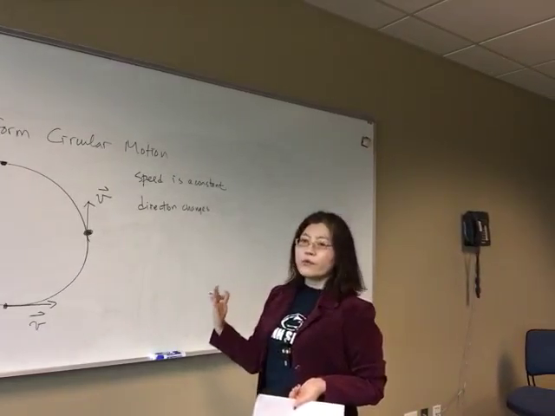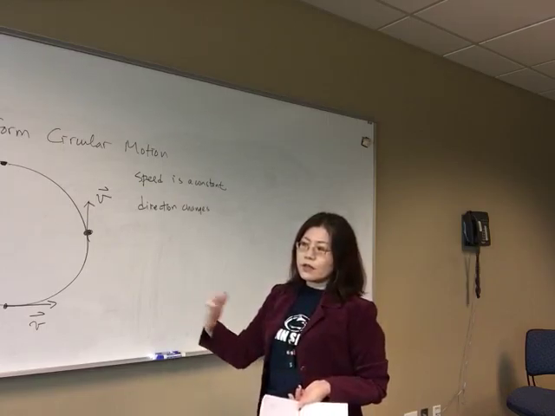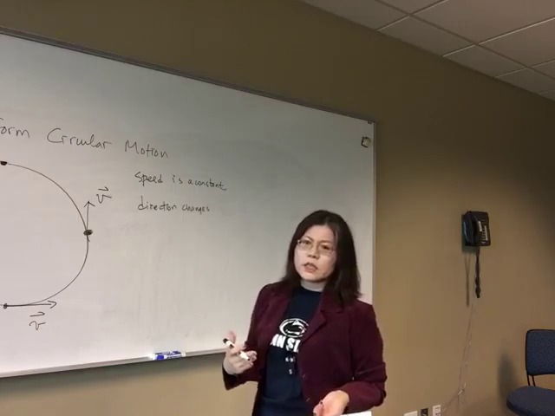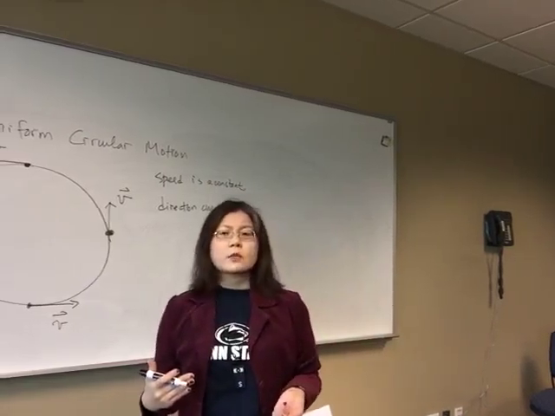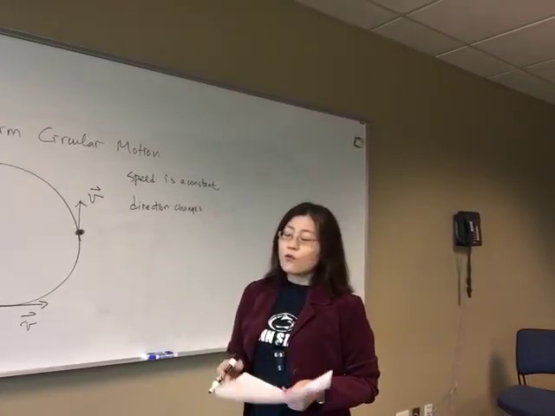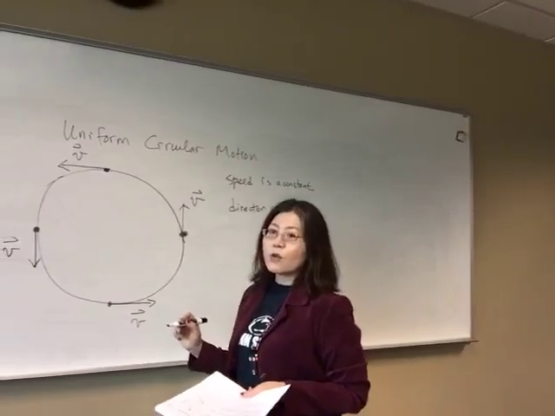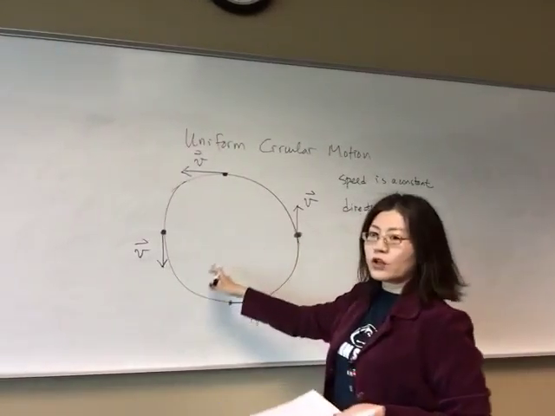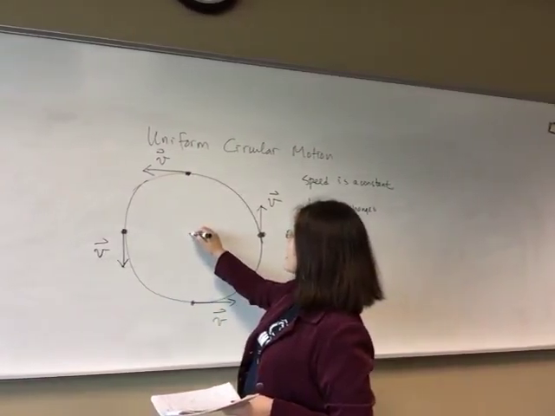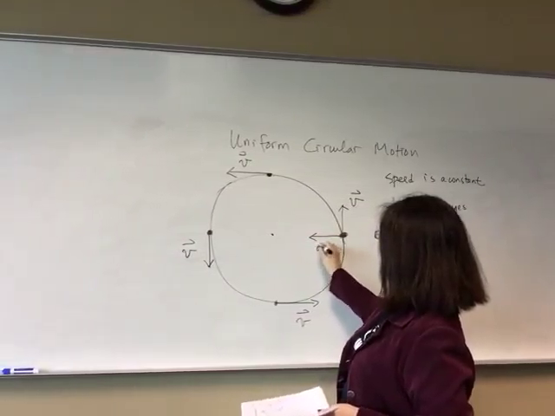Without going through the derivation, which you can look at in the lecture notes, where the detailed steps show how to derive the acceleration for uniform circular motion, let me just say what we found: the acceleration is always pointing toward the center.